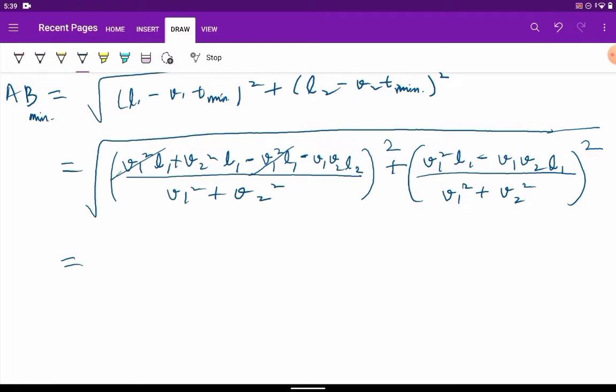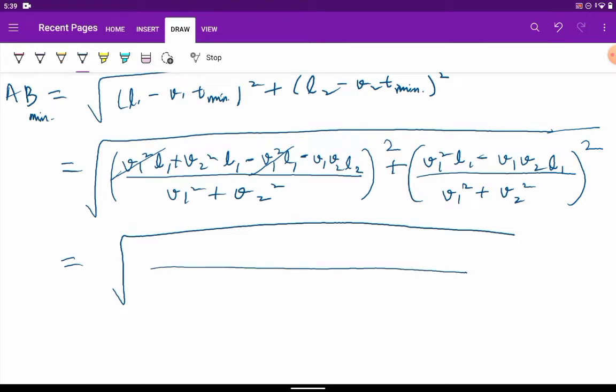So basically we can take out certain terms, or rather let's just square it and see what happens. V1 square plus V2 square whole square.